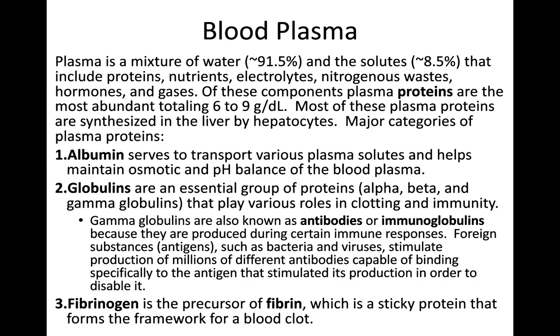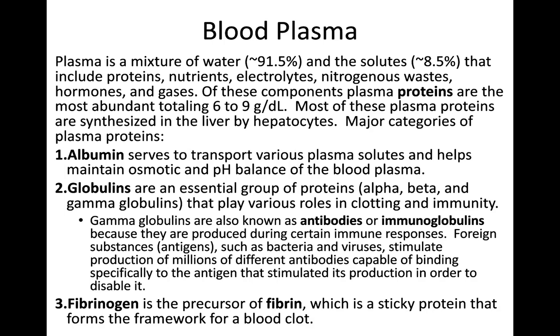Gamma globulins we talk a lot more about because they are what we commonly call our antibodies, proteins that are produced during certain immune responses, in response to exposure to foreign substances, or what we call antigens, which you'll see a lot here in this lecture and in the next. Things like bacteria and viruses are what we commonly call an antigen.